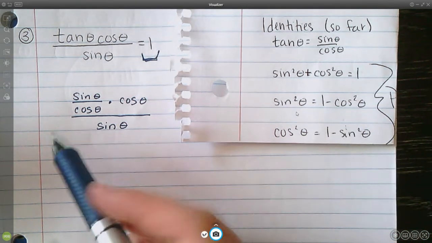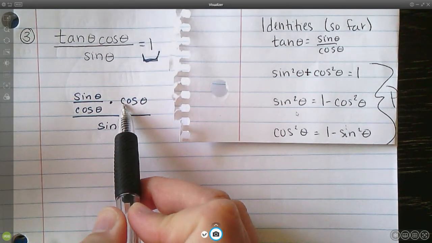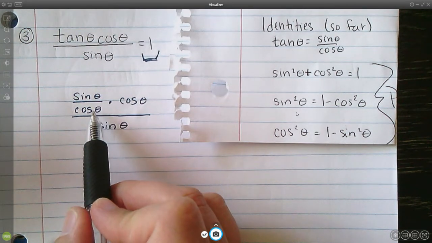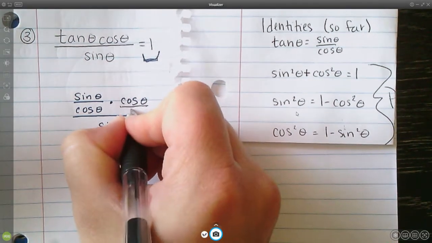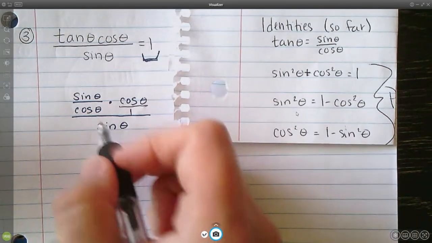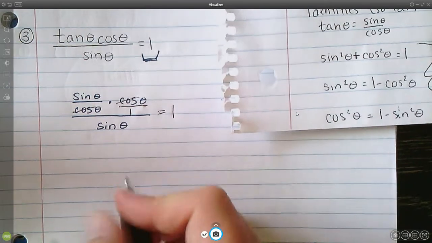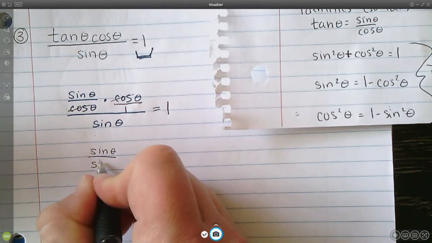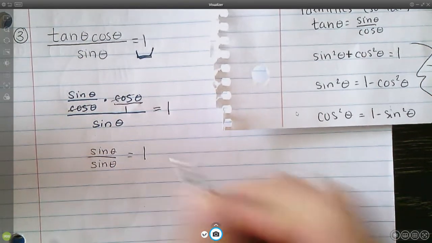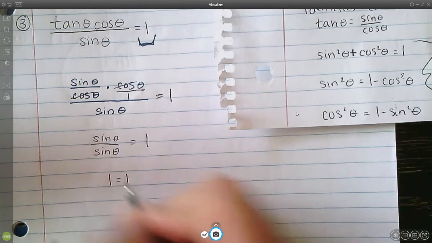So then these two cosines are going to cross out because, well, this is technically just cosine theta over 1. So when you multiply these, they cross out. Oh, sorry, I forgot to put the equals 1 again. All right, so you're going to be left with sine theta over sine theta equals 1. And then this is just 1, so 1 equals 1.